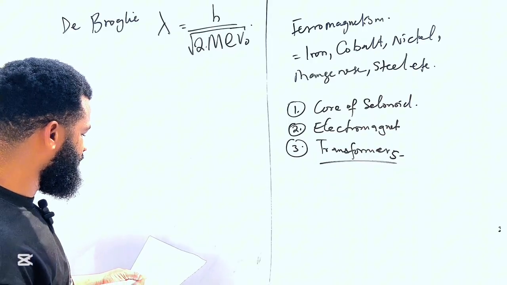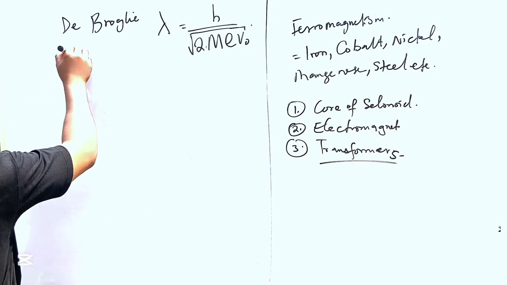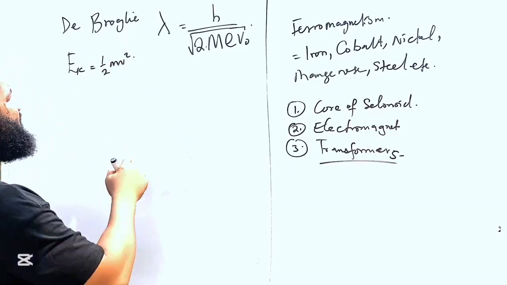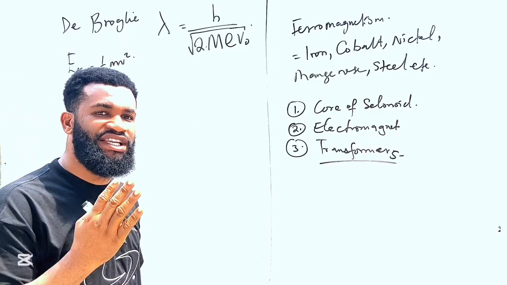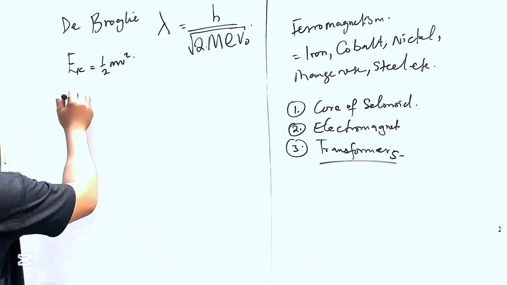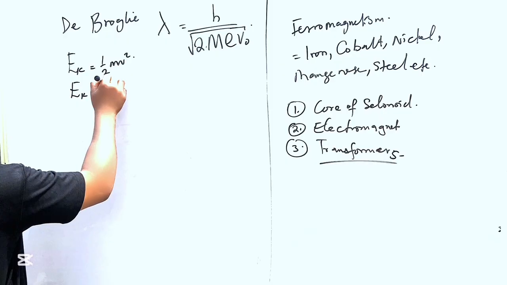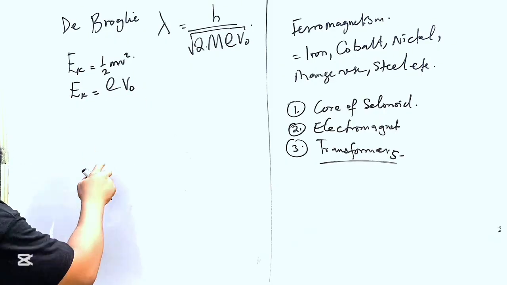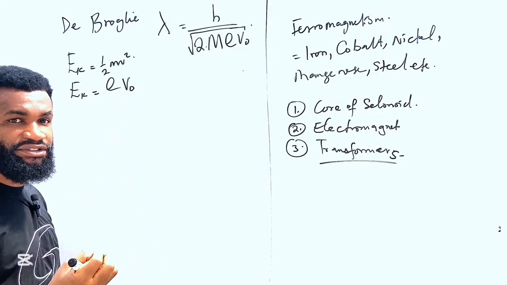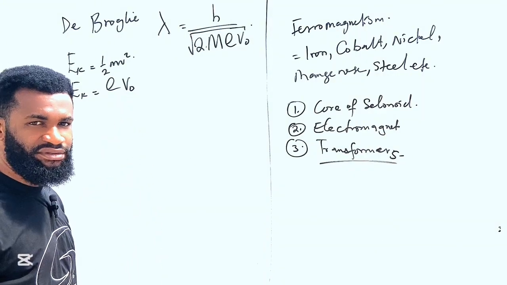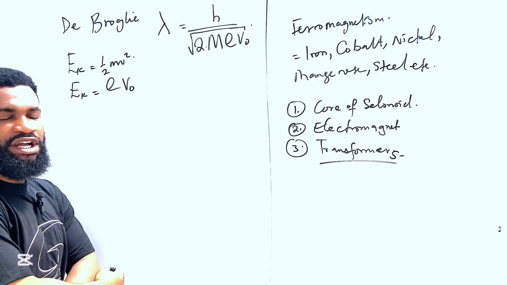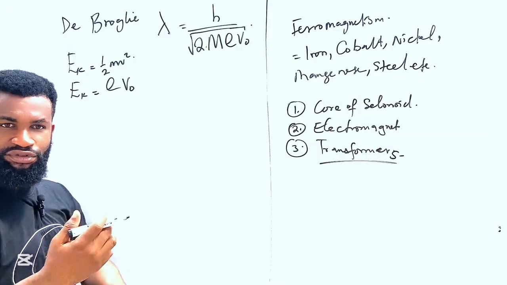Remember that kinetic energy is given as half mv squared, whereby m is the mass of the charge moving, just like in production of X-rays. And this is also given as e V sub naught, where e is the quantity of charge and V sub naught is the potential difference, sometimes called stopping potential, the potential difference at the target in the production of X-rays. I'm going to post a little clip for you to watch what I'm saying.